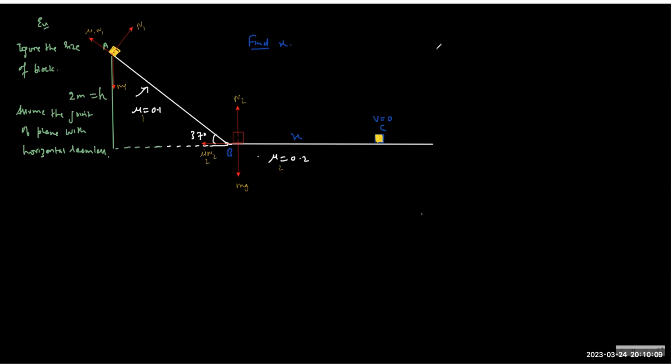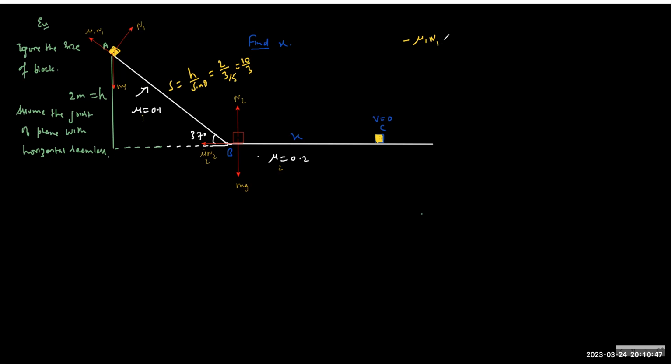But you should write the work done of friction for the top part and bottom part. And it is always negative. So what can we write? Minus mu1 N1 into this length. I have to actually calculate using a sine theta, which is h. Yeah, so a sine 37 is h. So 3 by 5. So it is 10 by 3, right?